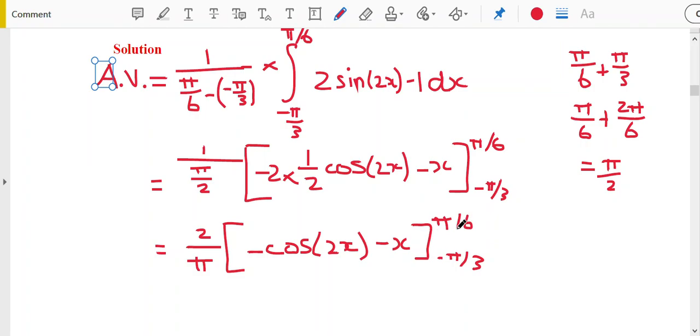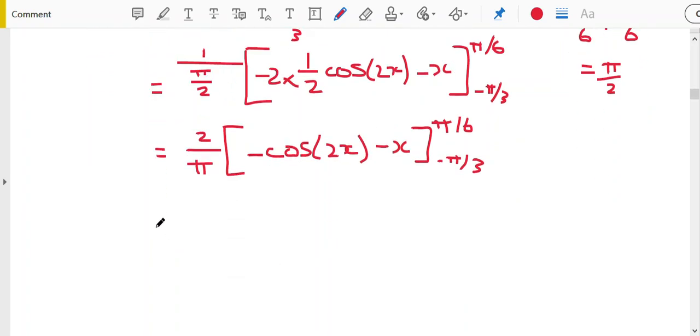Now I use the fundamental theorem of calculus. I substitute pi over 6 into my antiderivative first. So when we substitute pi over 6, 2 times pi over 6 will simplify to pi over 3.